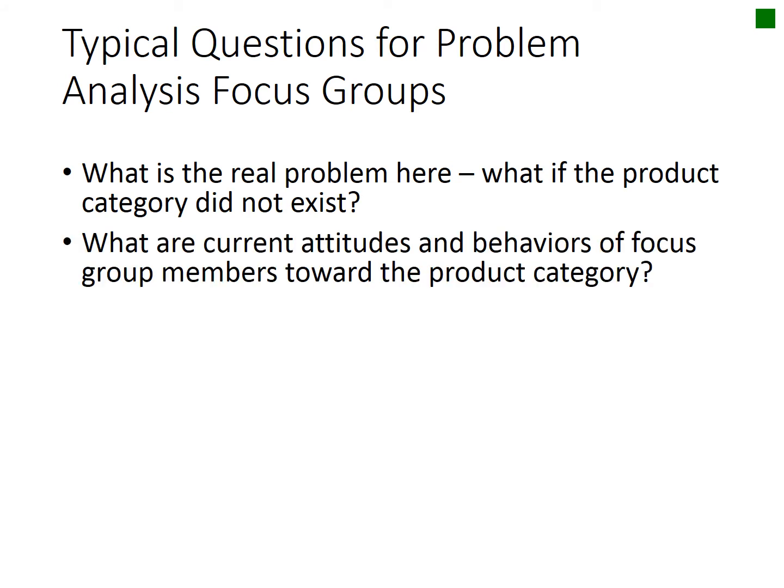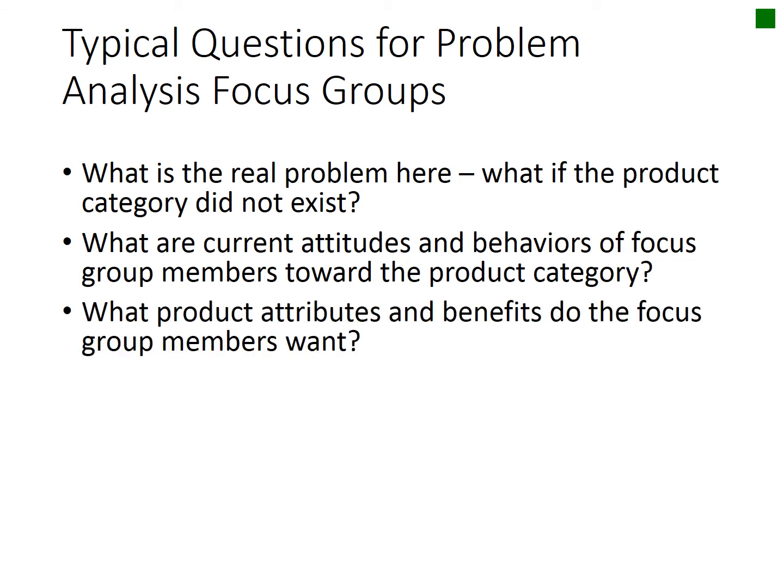We want to make sure we understand what their attitudes are and their beliefs are towards the products and product categories. So are they happy, sad? Are they passionate? Are they emotional? And things of that nature. So their emotional state or their behavior or attitude towards the product and product category.